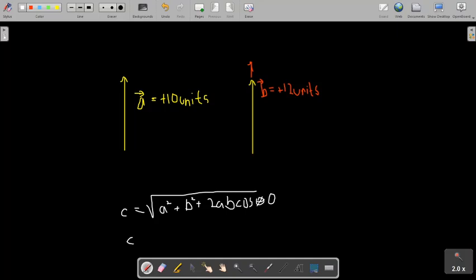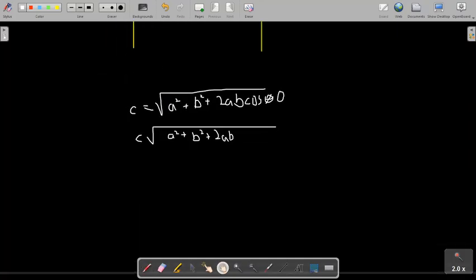So we could write c equals root of a squared plus b squared plus 2ab. You might recognize this as an identity. You might remember from the basic algebraic identities that a squared plus b squared plus 2ab is the expanded form of a plus b, the whole squared.